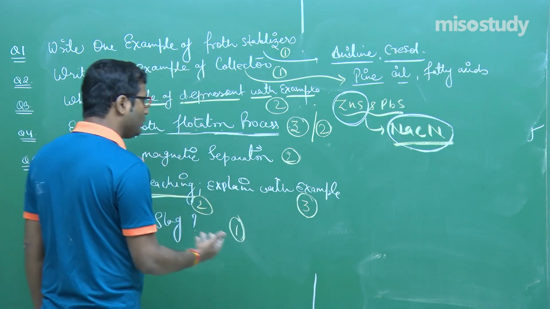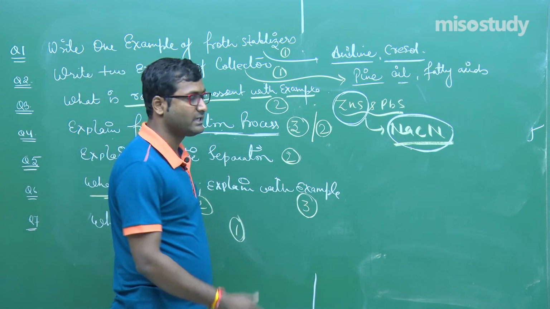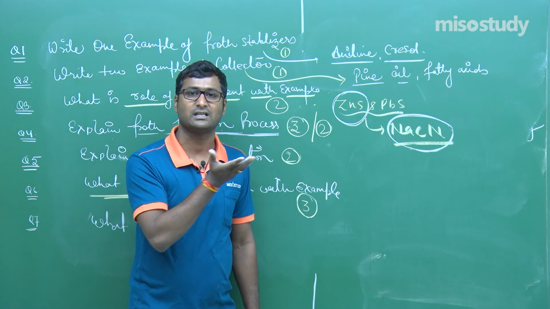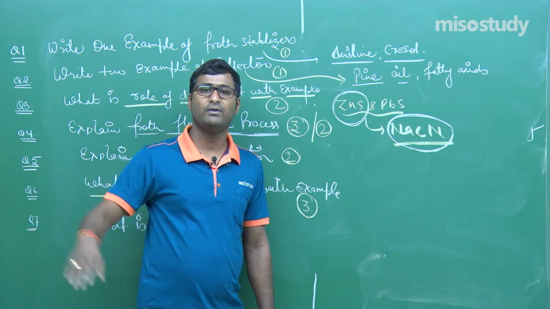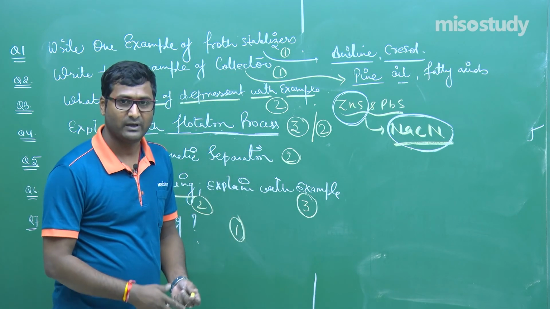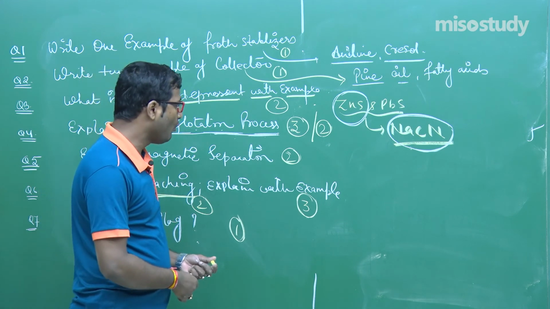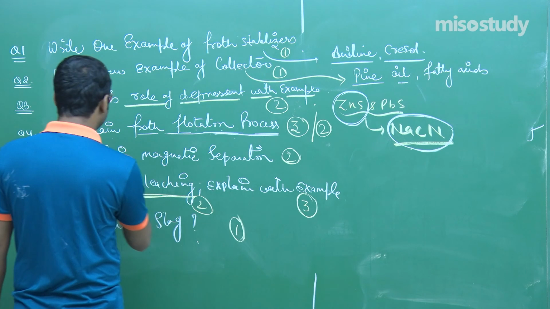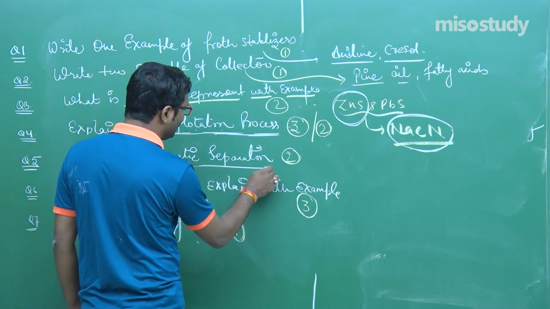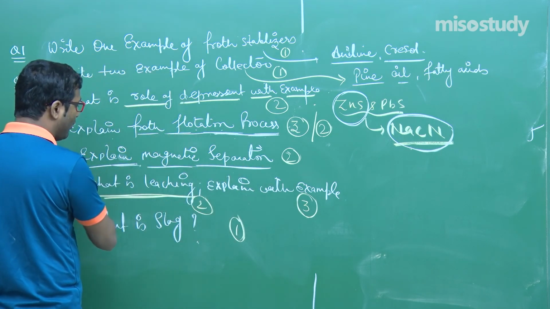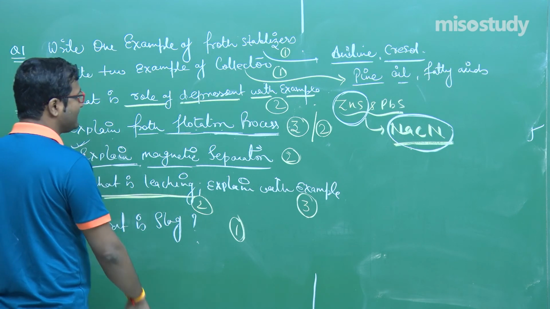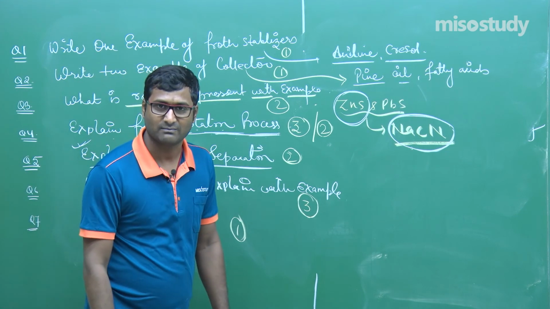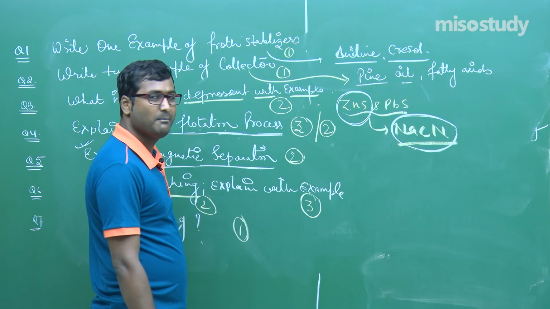When we use collector and froth stabilizer, the ore comes as froth on the surface, and we remove it from the mixture, and we get the ore separated from the impurities. Now, what is magnetic separation? This method is used if the ore or the impurities have magnetic properties, my friend. In this case, we use magnetic separation.